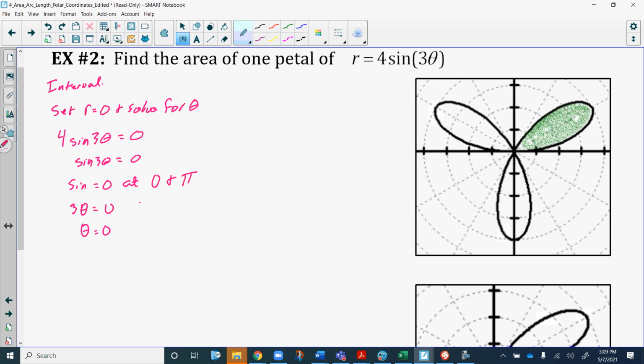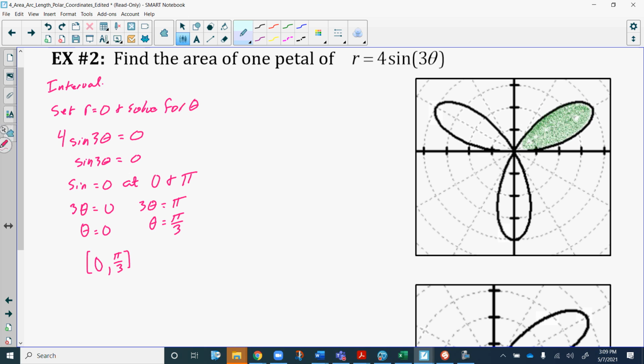And if I say 3 theta is equal to pi, then theta is going to be equal to pi over 3. So that's algebraically how I'm getting my interval. My interval now is going to be from 0 to pi over 3.